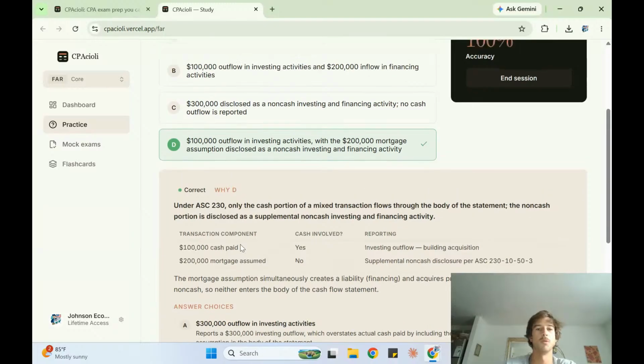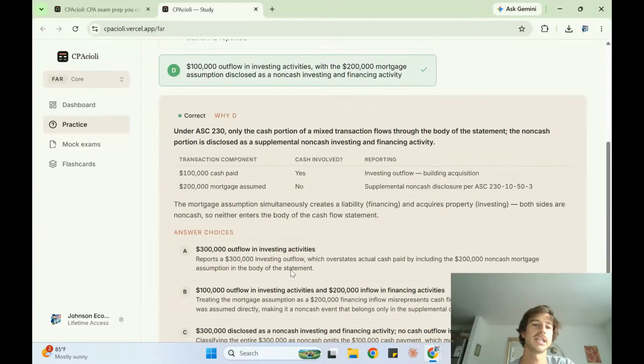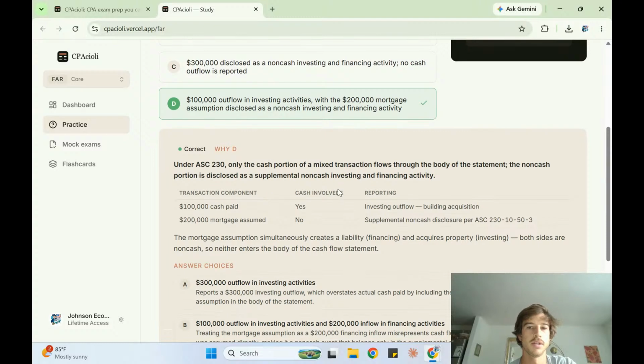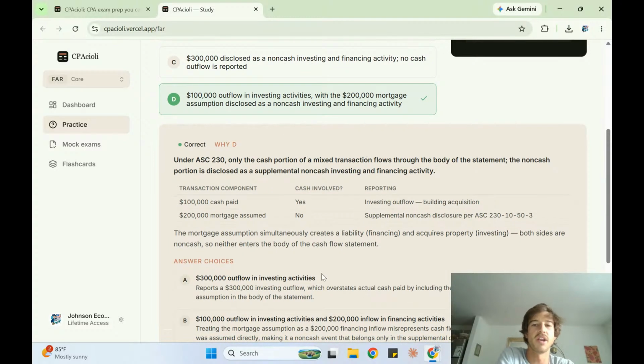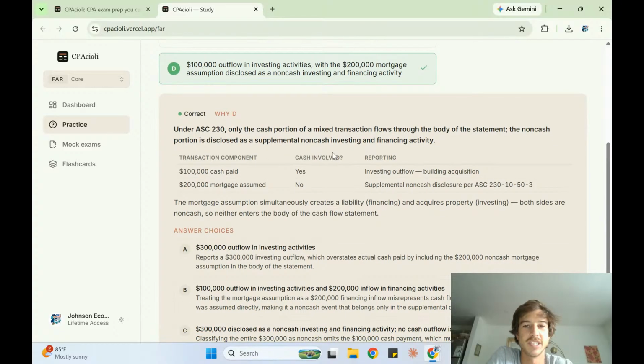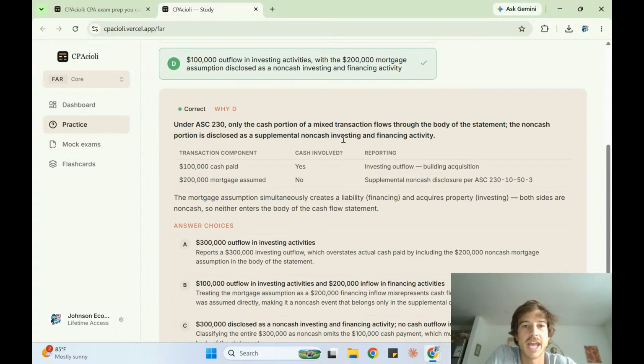Okay, cool. Here's an explanation. I would explain it myself, but honestly, looking at this is better. That's why you should use the study tool I've created. Only the cash portion is an investing activity, and the mortgage is non-cash.